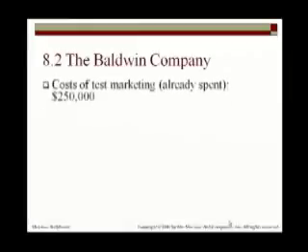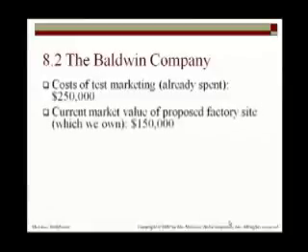and let's just go over the basic assumptions here. The cost of test marketing, which has already been spent, is $250,000. Now, because it's already been spent, it's a sunk cost. And remember, we said sunk costs don't matter. The current market value of the proposed factory site, which we already own, is $150,000.